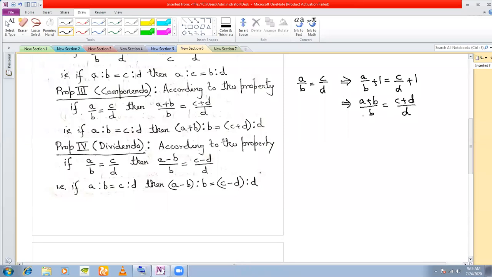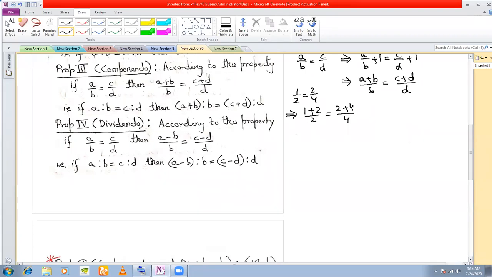This is the property. So that means, say if I have a proportion like half is equal to 2 by 4, then from componendo, I can write (1 plus 2) by 2 is equal to (2 plus 4) by 4. This follows from componendo.